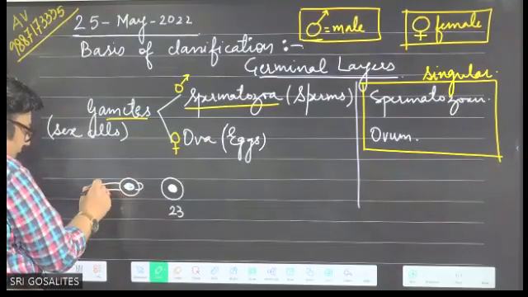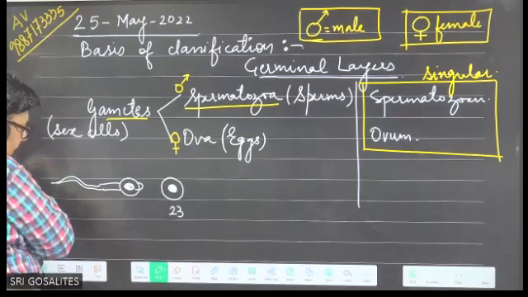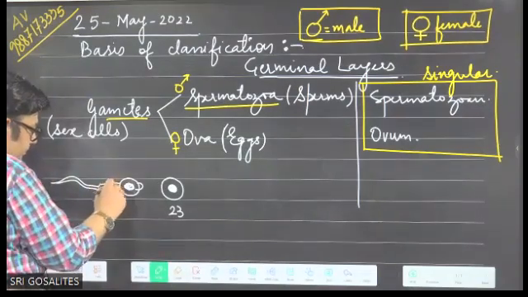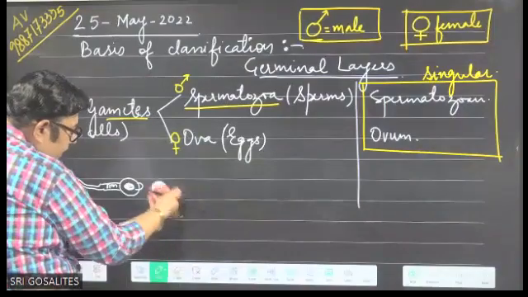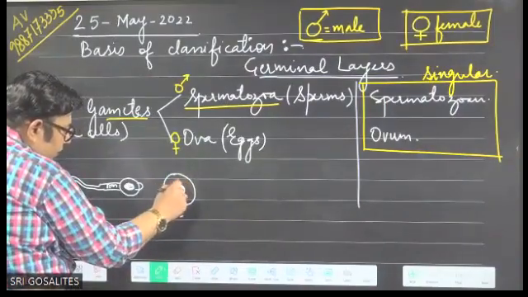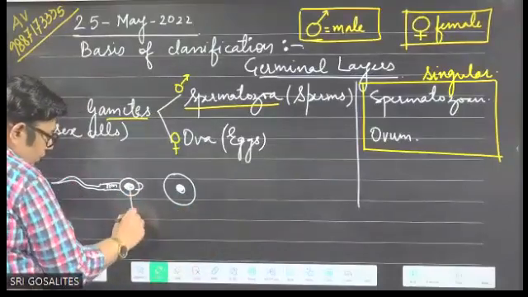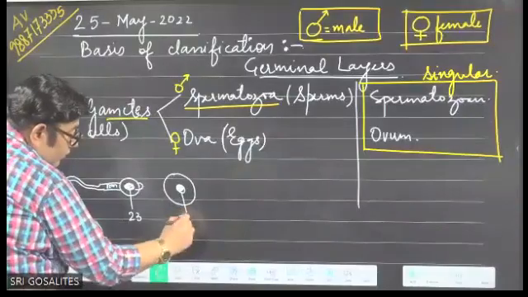We can show it like this. This is the male gamete. The female gamete is bigger in size, but the male gamete is longer. But in terms of chromosomes, both have 23.